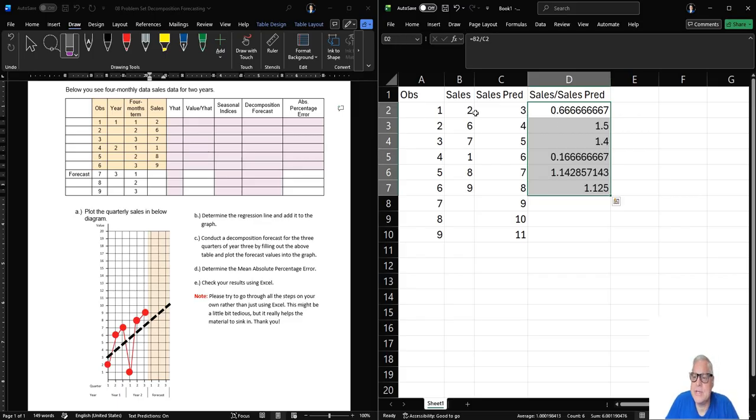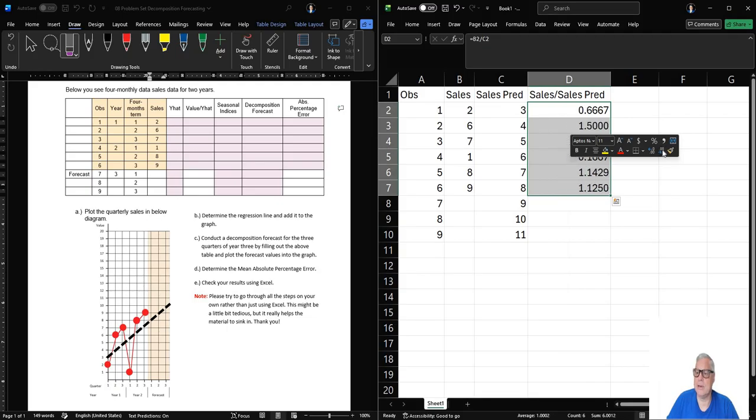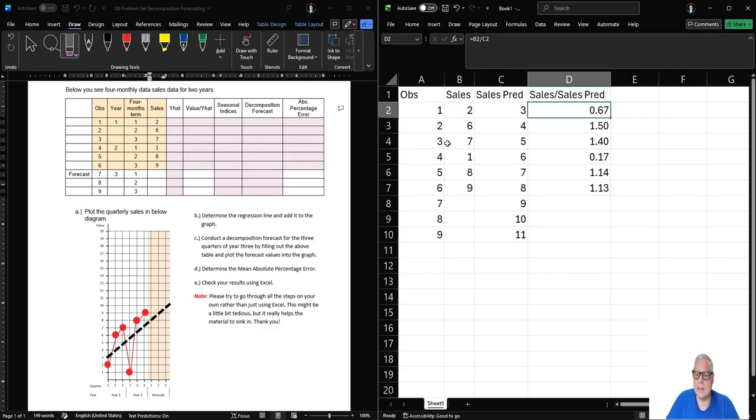And then we see that indeed in the first period, so observation 1 would be spring of year 1, we are roughly 33% below the trend line. And then in the summer and the fall we are always above.